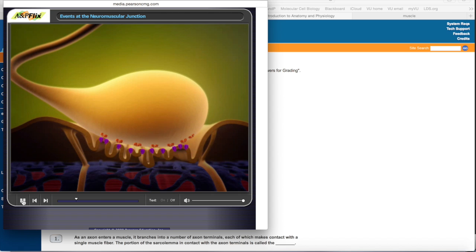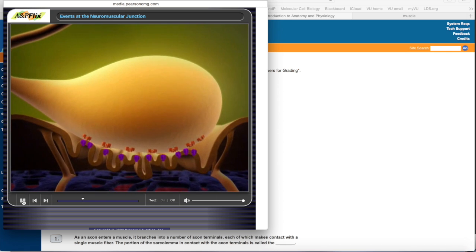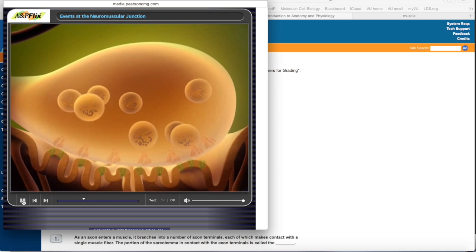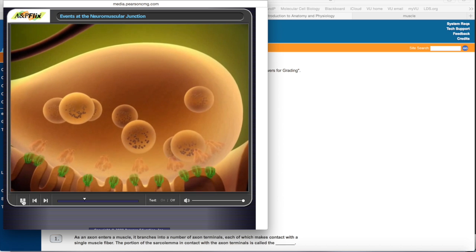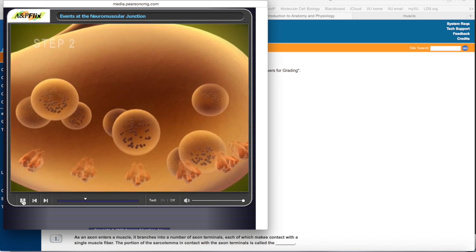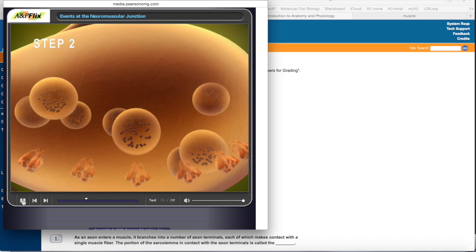The events at the neuromuscular junction occur in 7 coordinated steps. Step 1. An action potential travels the length of the axon of a motor neuron to an axon terminal. Step 2. Voltage-gated calcium channels open and calcium ions diffuse into the terminal.